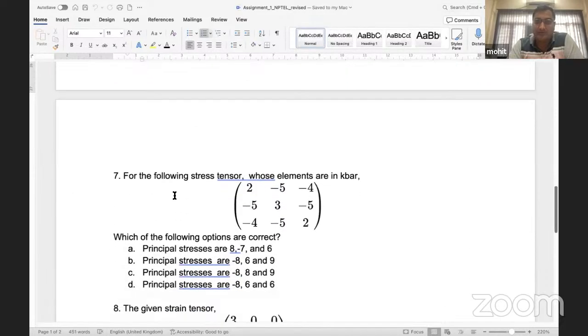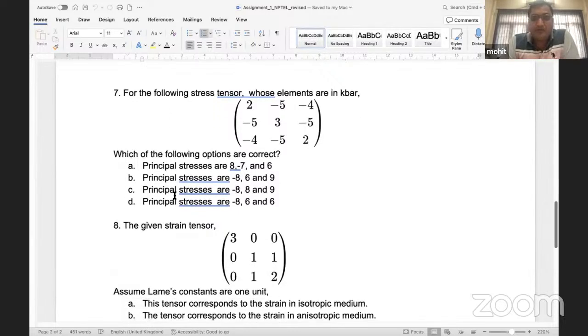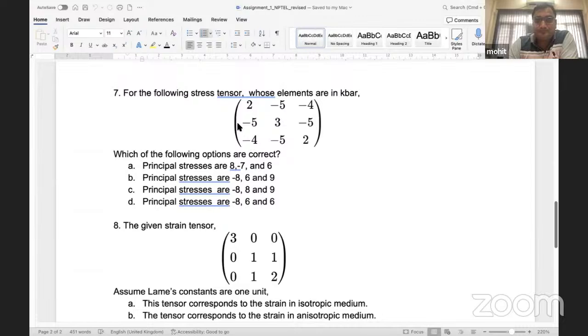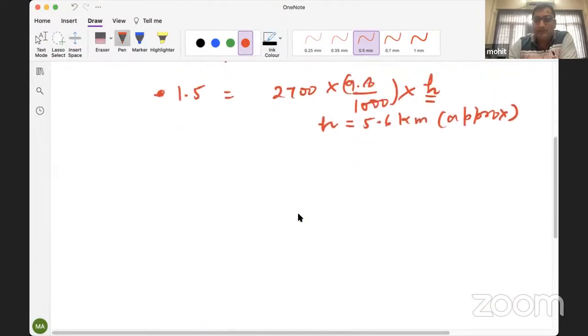micrometer per second square. For the following stress tensor whose elements are in kilobar, for this purpose you are required to solve the eigenvalues. So basically you need to take the determinant, which you should be able to solve in this manner.